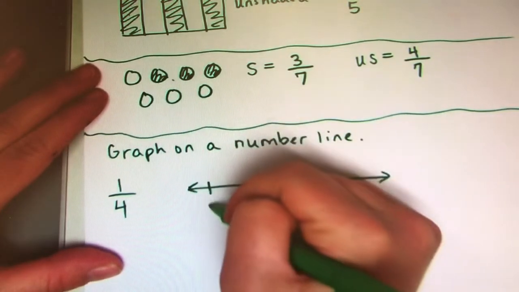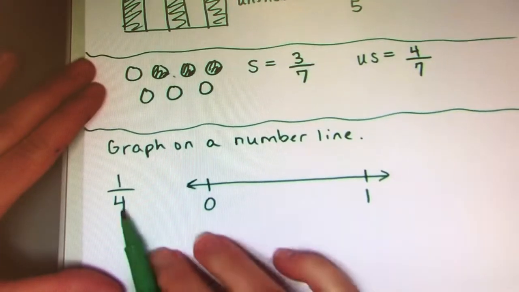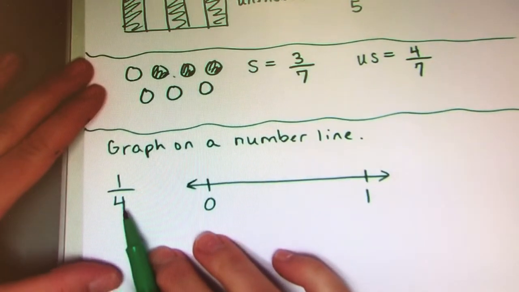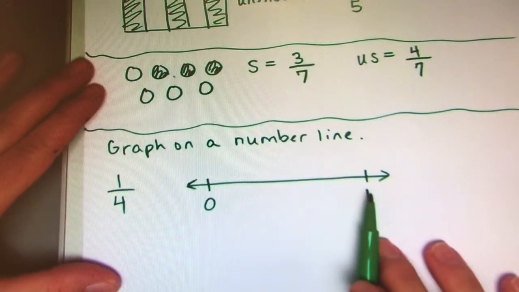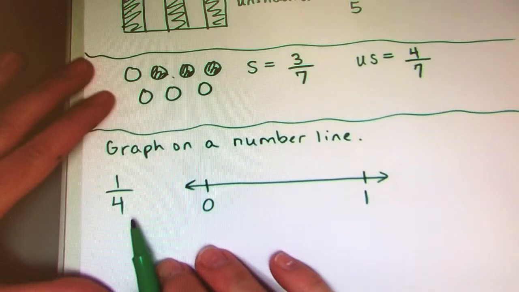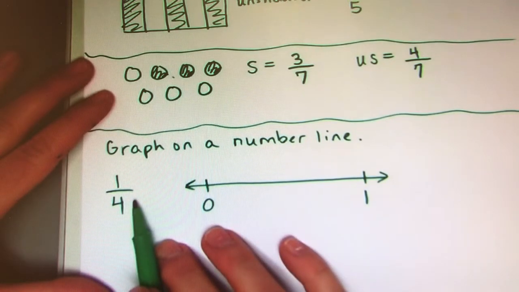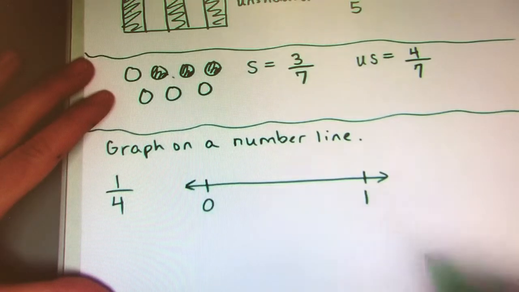Now again, I want you to visualize if this is 0 and this is 1 whole. Remember what I told you earlier, that a fraction, just a plain fraction, is part of a whole. So that means it's not even 1 yet, okay? Now the denominator is going to tell us how many pieces to divide from between 0 and 1. So if this says 4ths, that means it needs 4 spaces to get to 1.